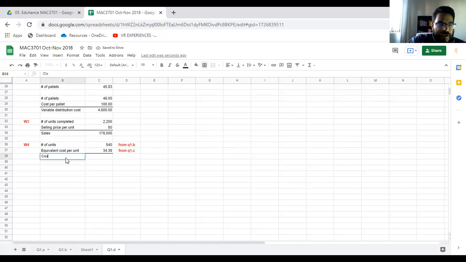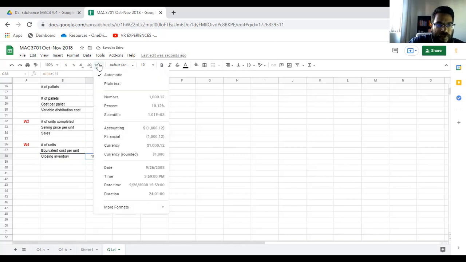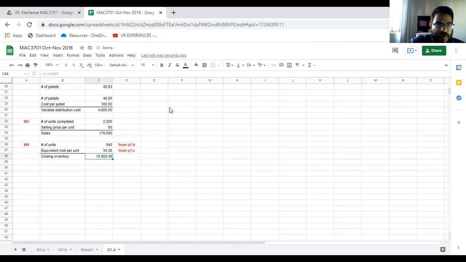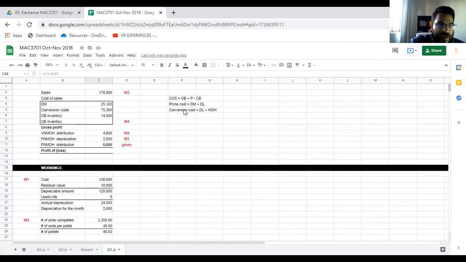So closing inventory is going to be that multiplied by 34. So this here is C38. So this here is equal to C38.